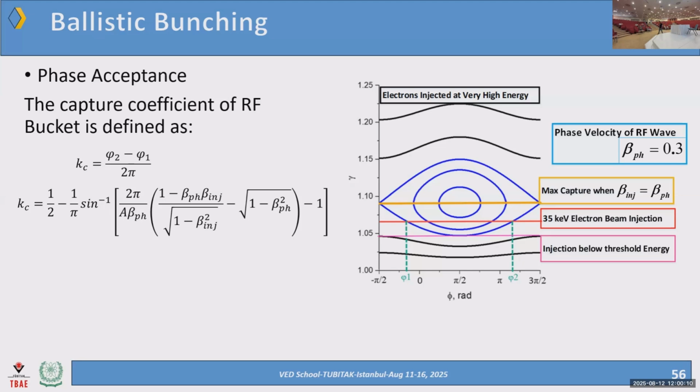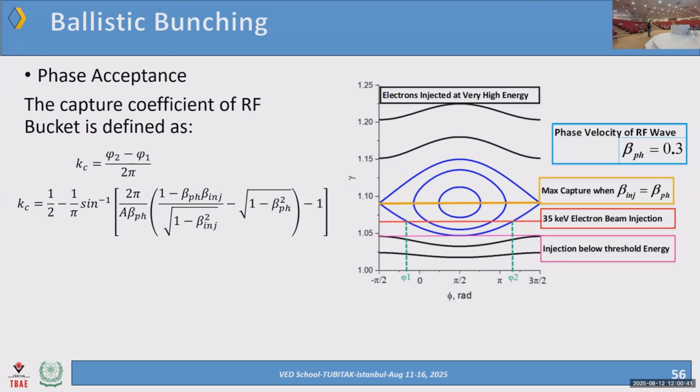They cannot be injected with very high energy because the professor said that the phase velocity of the electromagnetic wave is higher than the velocity of the particles. Light has several velocities. The only velocity we are usually concerned with is the propagation of energy, the velocity c, 10 to the power 8 meters per second. But there are other velocities which are equally important. One of them is the phase velocity.